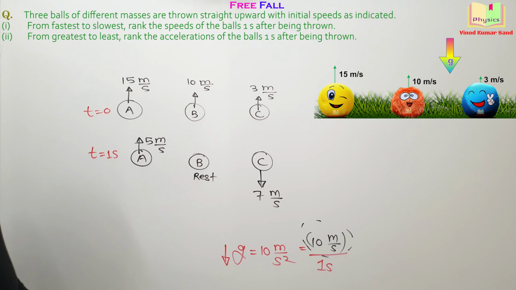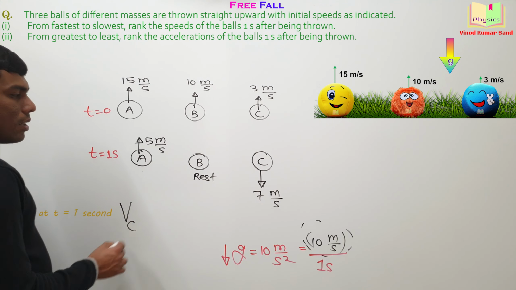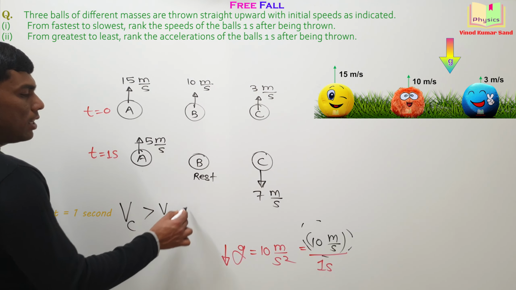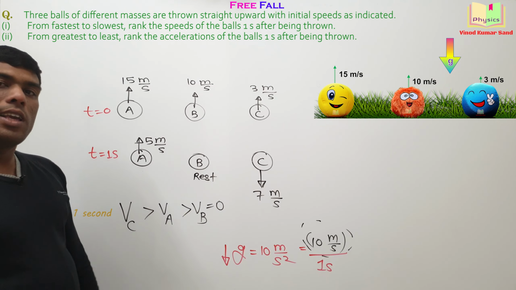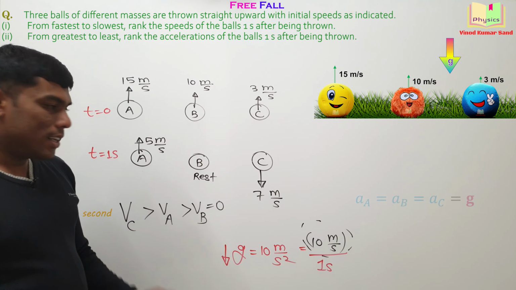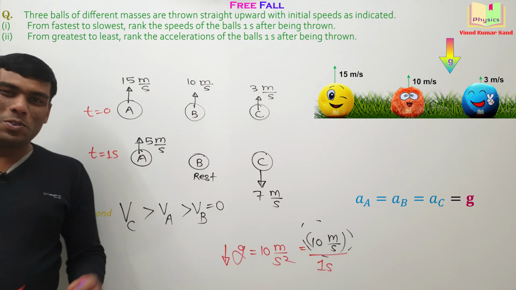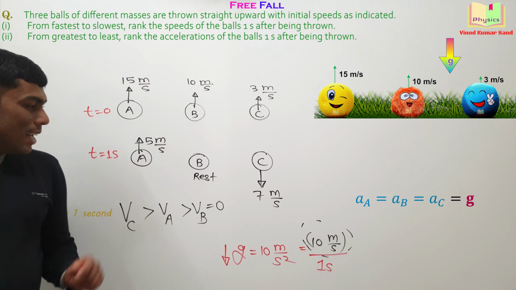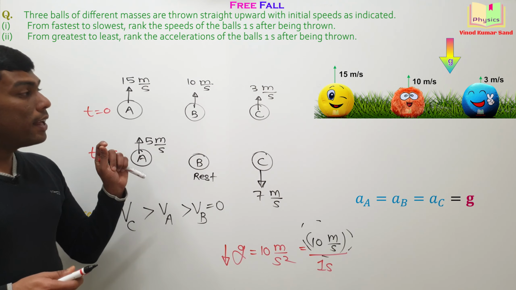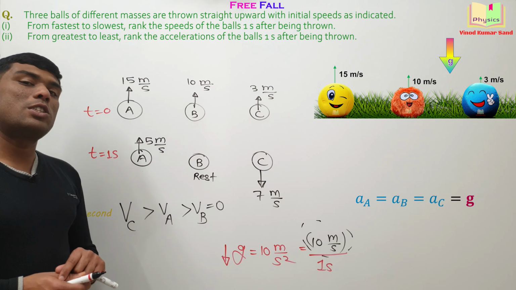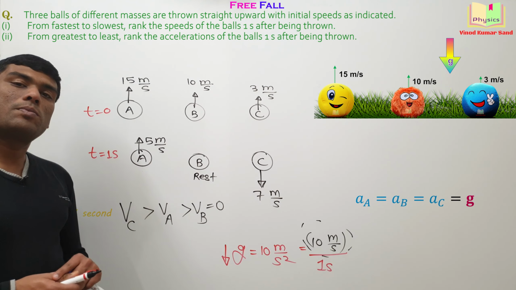Now you can easily write the order of the speeds. VC is maximum, then comes VA, and at last comes VB. VB is momentarily 0. Clear? Simple and easy question. I hope you all got the correct answers. Let me ask you another conceptual question. If I change the masses of these balls, what will be the impact on your answer?